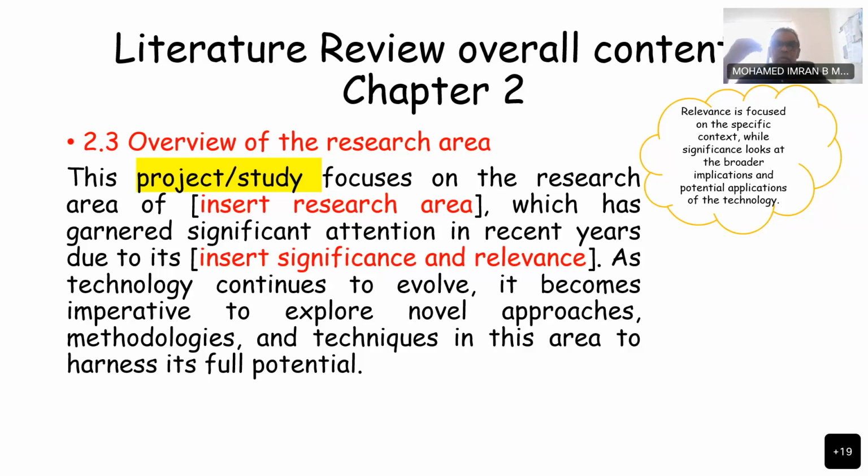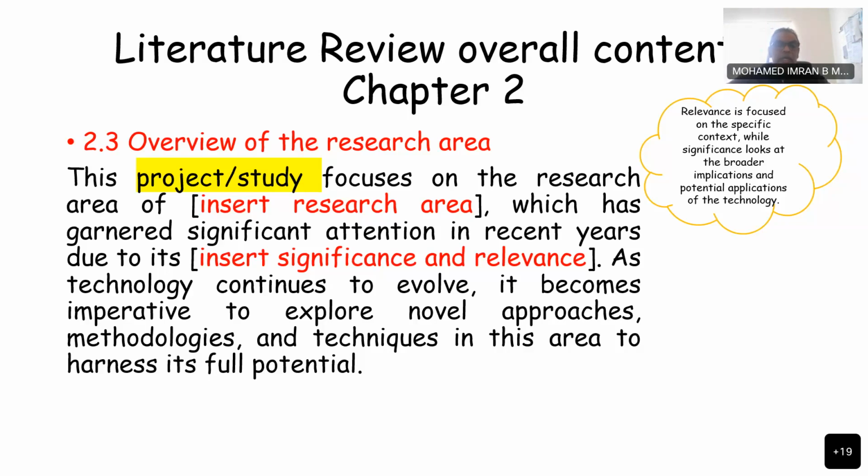So before you start writing your 2.3.1 and 2.3.2, you have to tell the reader what 2.3 is about. That's why we use the word overview, meaning what this subchapter 2.3 is about. In this example, 2.3 tells the reader why this project is important, or which area this project focuses on.